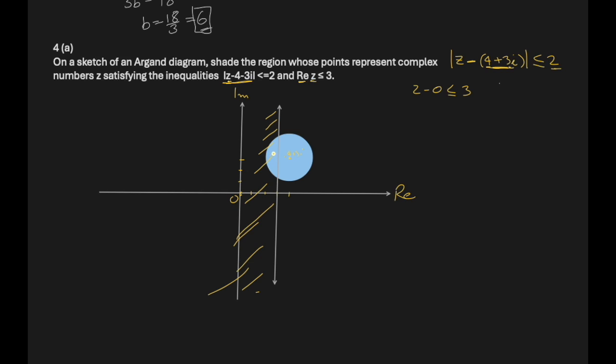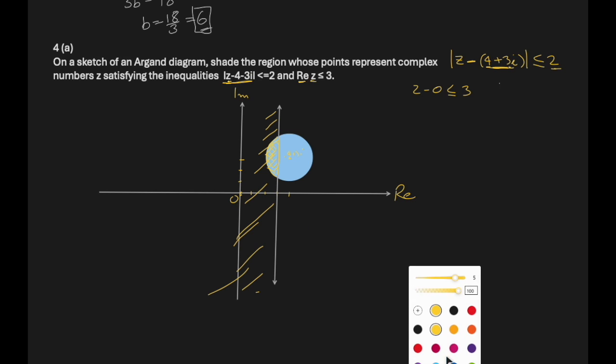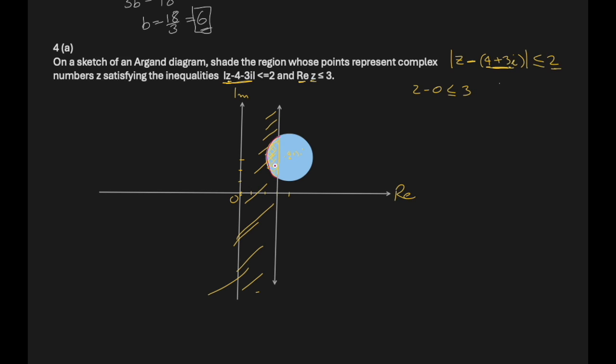What part is common in this circle and this segment? So this will be our answer, because they say shade the region. This is the region. Shall I use a different color? Let me try. This is the answer. This part is the part which is satisfying both the inequalities.